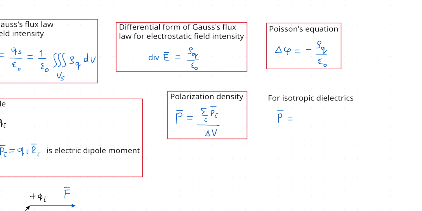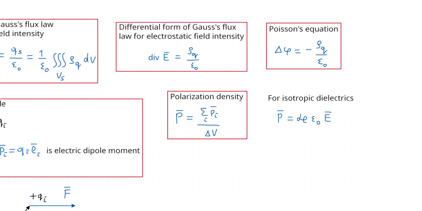So P is equal to kappa epsilon zero multiplied by vector E. Epsilon zero is the electric constant.